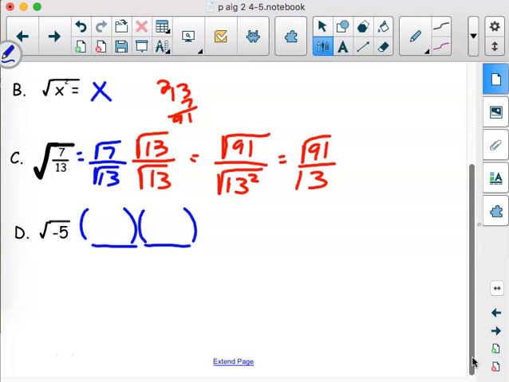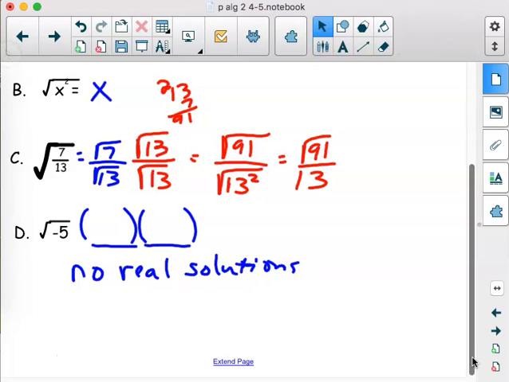It's an imaginary number, which we haven't covered yet. So for us, what we would put is no real solutions. In a couple more sections, we're going to be able to write an answer for that using imaginary numbers, but not just yet. So that one is not possible.